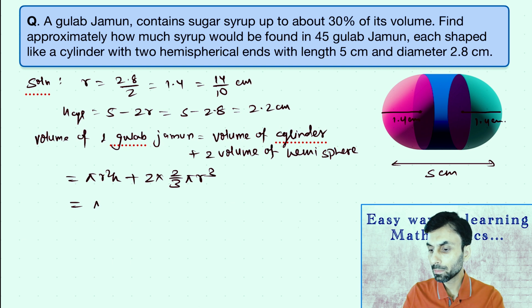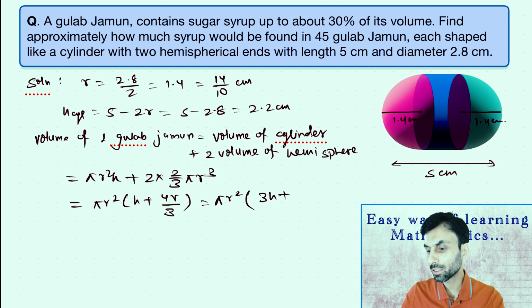Here we can take pi r square common, it will be h plus 4r upon 3, which can be written as pi r square into 3h plus 4r upon 3.